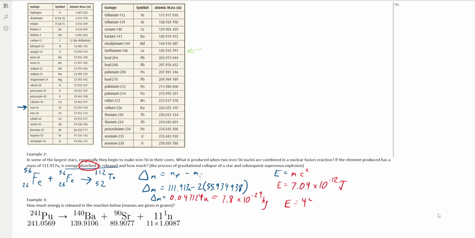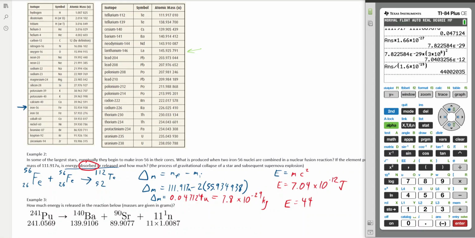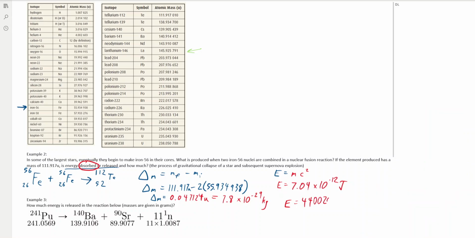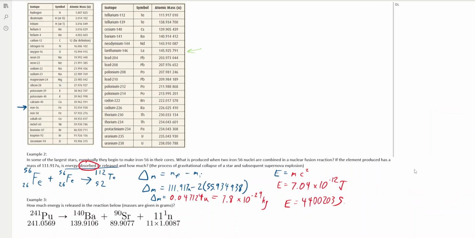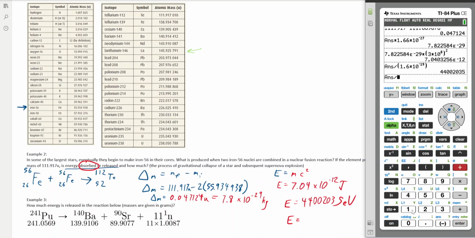So that's 44,002,035. Is that correct? Yep. But now that's electron volts straight up. What we want to have is mega electron volts. So we're going to take that number and divide by 10 to the 6.